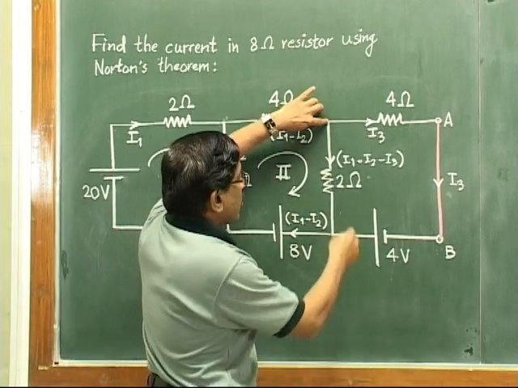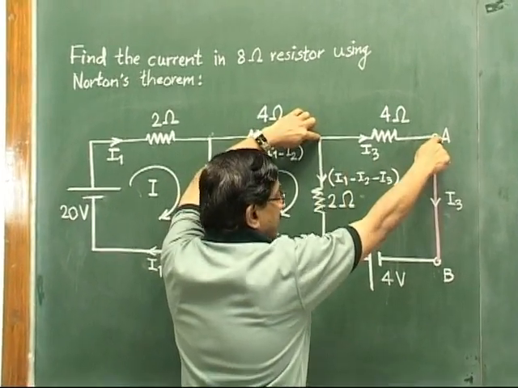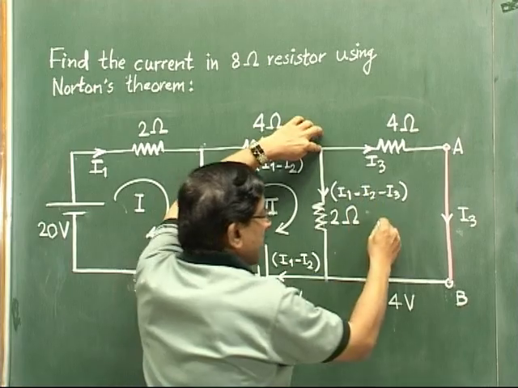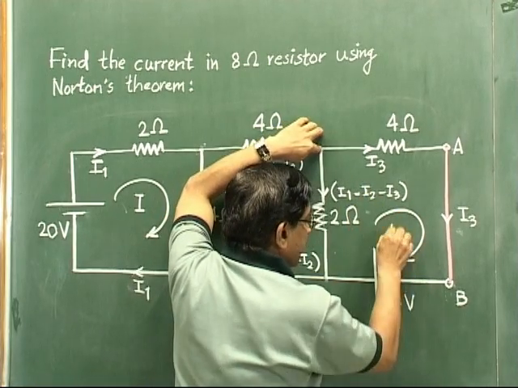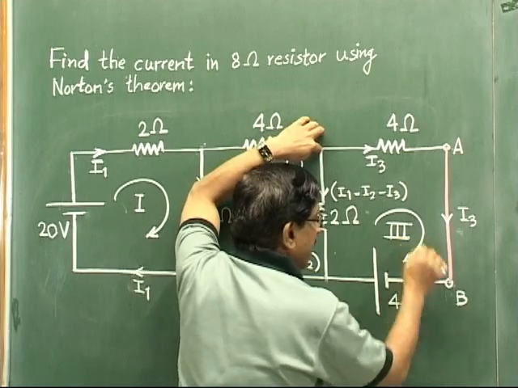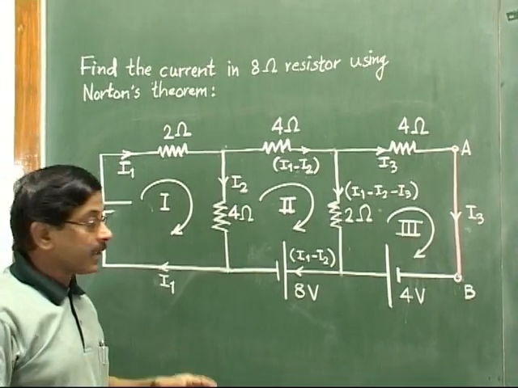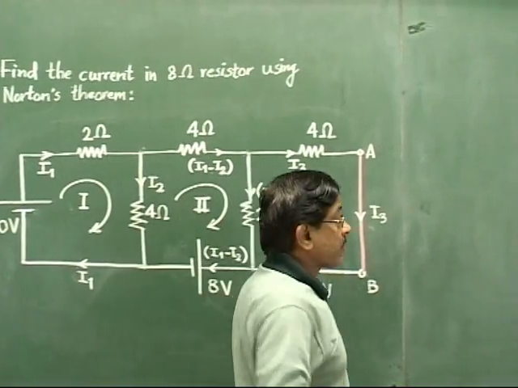And then for this point here, then A to B, then B back to this point and upwards, we consider that this is our loop 3. So we have identified 3 meshes like this. And then our next job is just to write the loop equations. So very fast we will write it.